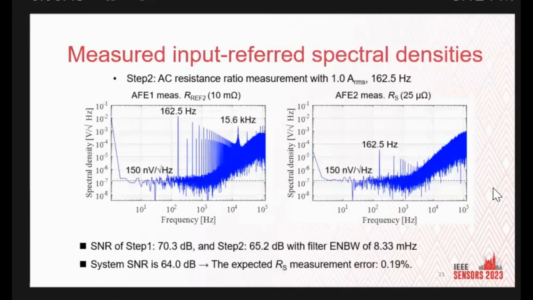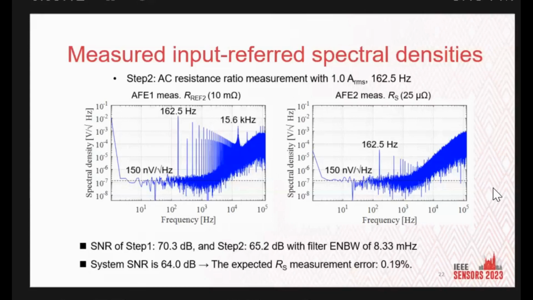Here is the measured input-referred spectrum density of FE1 and FE2 in step 2, measuring the 10 milliohm and 25 microohm resistors with this signal. We can clearly see the measurement signal at 162 Hz, and the thermal noise density of the FE is 150 nanovolt over root Hz.